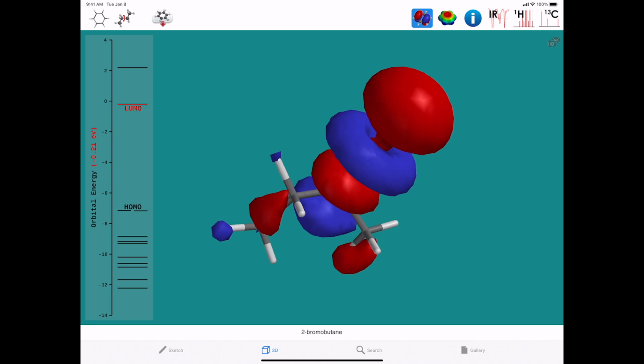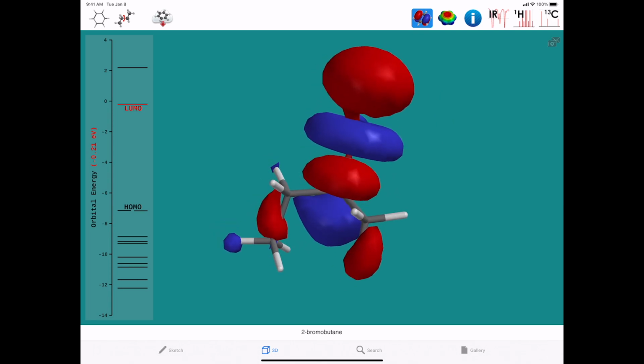The thing is that they've drawn it for you in a conformation where, if you look, this was blue beta proton, this is purple beta proton. In this conformation, none of the beta protons are anti to the leaving group. Had we rotated around this carbon-carbon bond, we could get either of those beta protons anti to the leaving group.